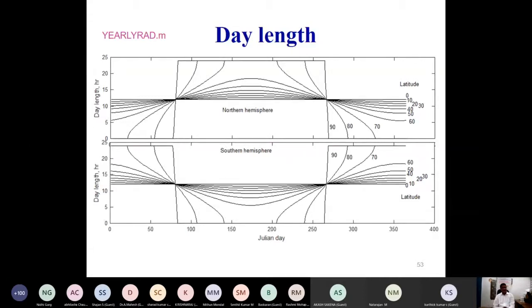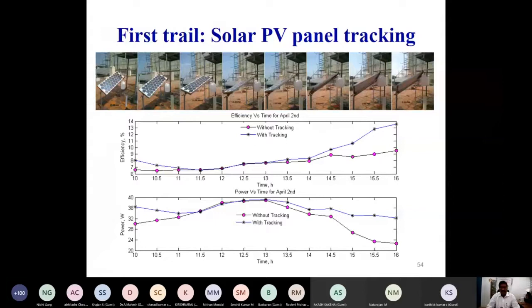Initially, in the first step, this mechanism was demonstrated at the primary level with a small solar PV panel. The solar PV panel was tracked from sunrise to sunset by connecting this mechanism. It is a very simple, cost-effective mechanism. The observations show improved efficiency. Obviously, output and efficiency will increase because the panel is always facing the sun.